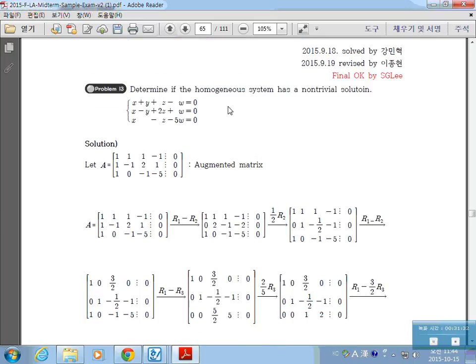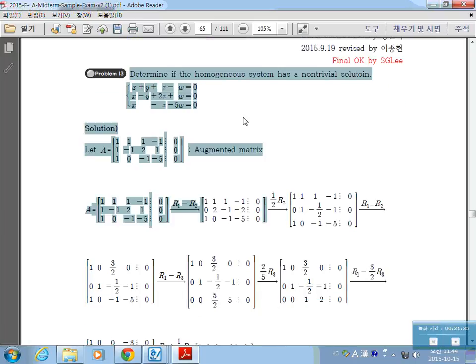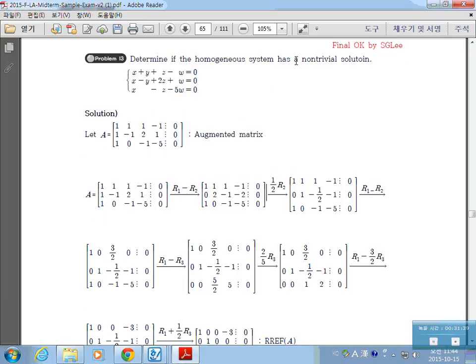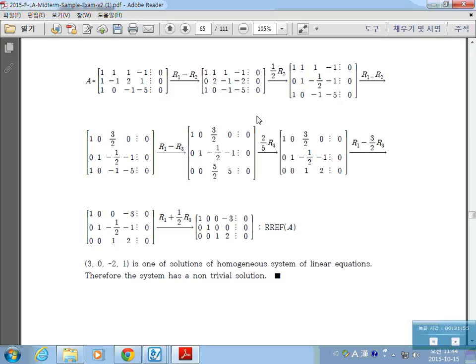And also, you should be able to find the set of solutions. You should have a good understanding of the solution set of a given homogeneous system of linear equations.